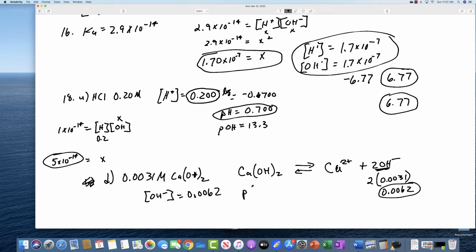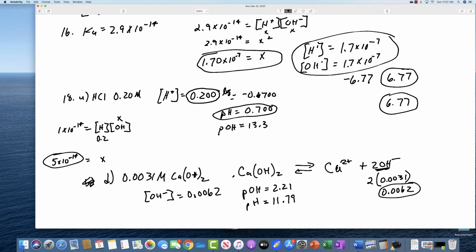So your pOH is going to be, again, the negative log of 0.0062, which is going to be 2.21. And again, if you subtract that from 14, you get the pH, which is 11.79.